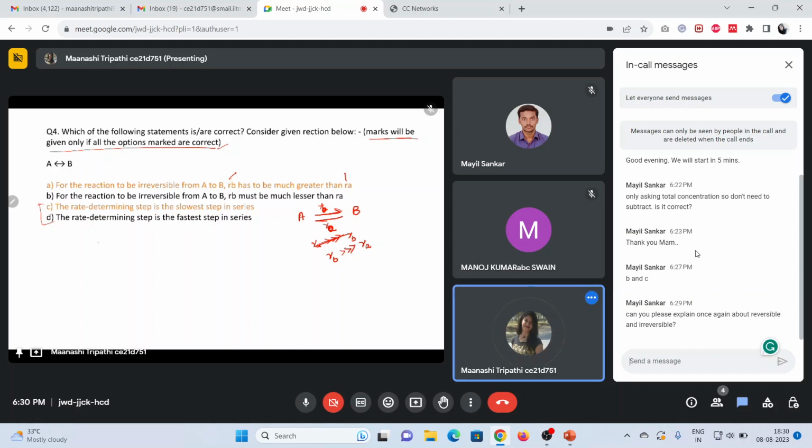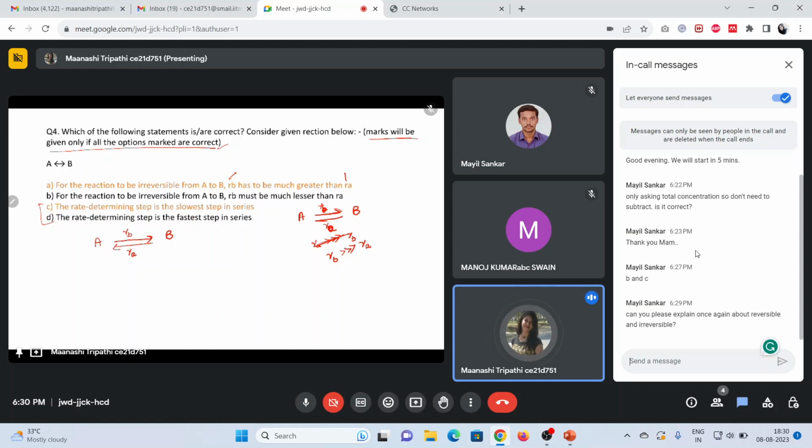There is a reaction going from A to B, and it is also coming back. So RB is the rate of formation of B, meaning how fast B is forming, and RA is the rate of formation of A, meaning how fast A is forming.